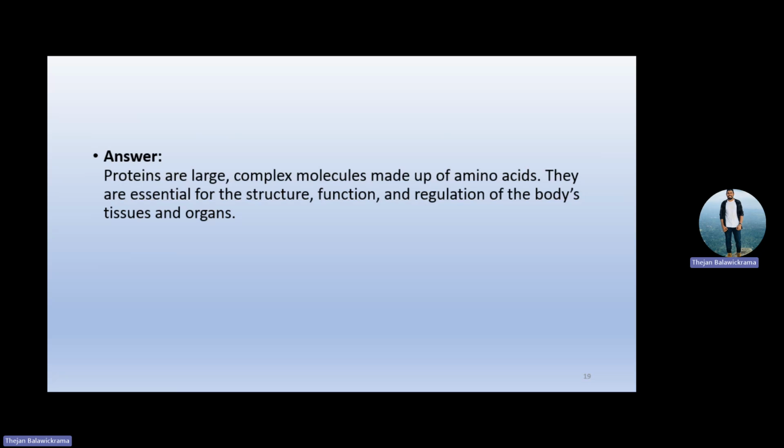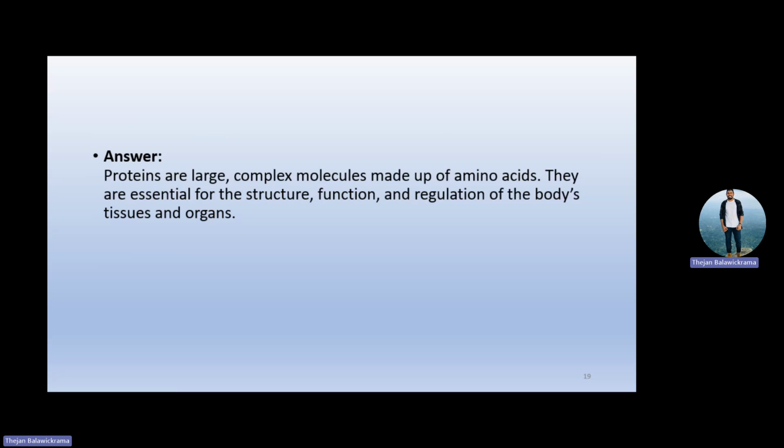One thing, proteins are very large compounds, complex molecules, and like you suggested, they are made up of amino acids. And we need proteins for the structure, function, and regulation of the body tissues and organs.